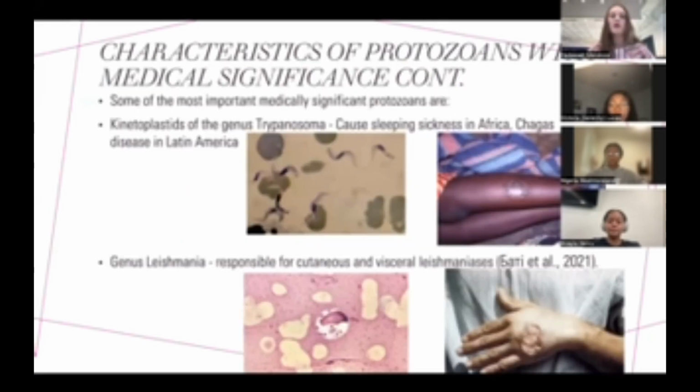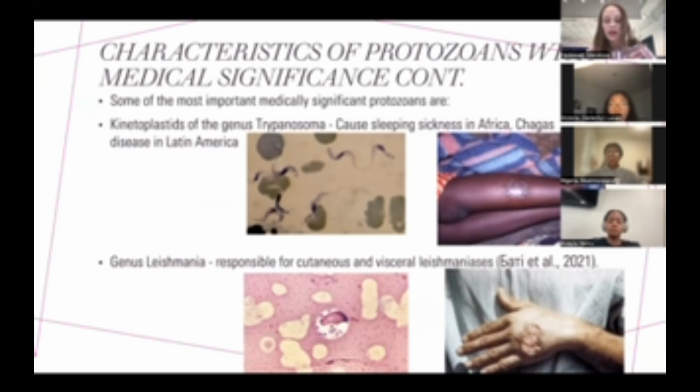Additionally, some of the most important medically significant protozoans are the kinetoplastids of the Trypanosoma genus. They can cause African sleeping sickness, and another species can also cause Chagas disease in Latin America.